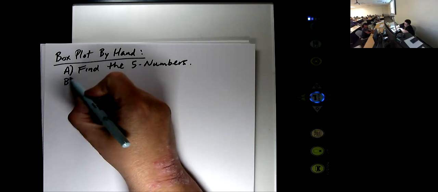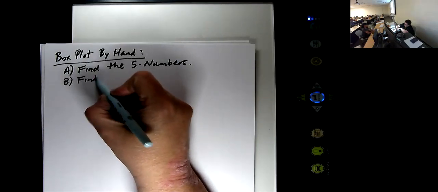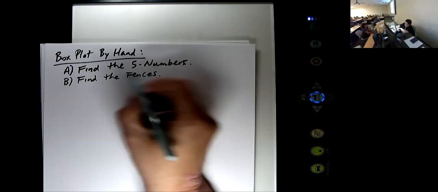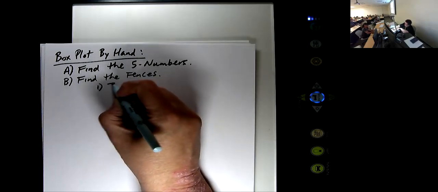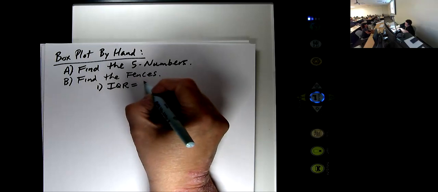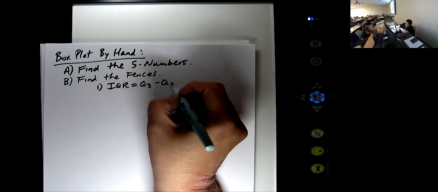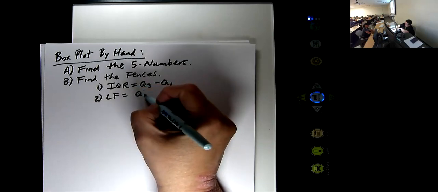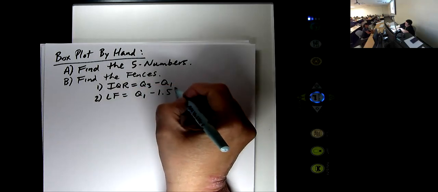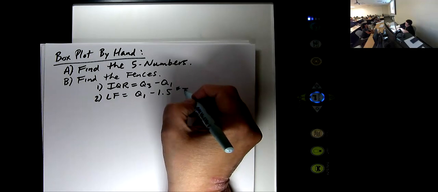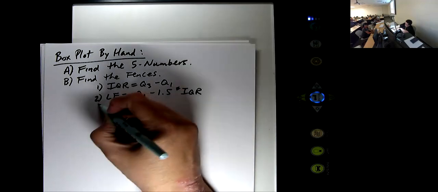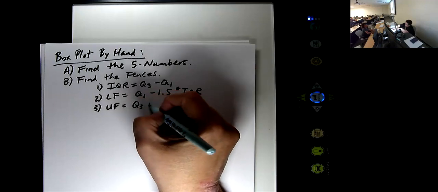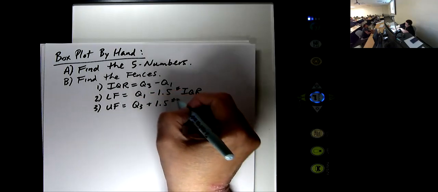Then B, we need the fences. Find the fences, which means 1, doing IQR, Q3 minus Q1. 2, the lower fence is Q1 minus 1.5 times IQR. And I'll take a break after I say the upper fence one. Q3 plus 1.5 times IQR.